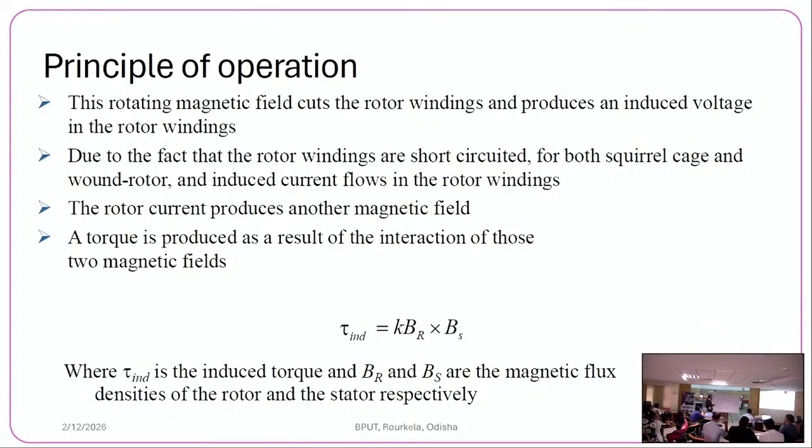Then the EMF induced in the rotor is 90 degrees behind the flux. This is the induced EMF. It carries a current I2. The rotor current is lagging by angle phi 2, the rotor impedance angle, since the rotor has resistance.